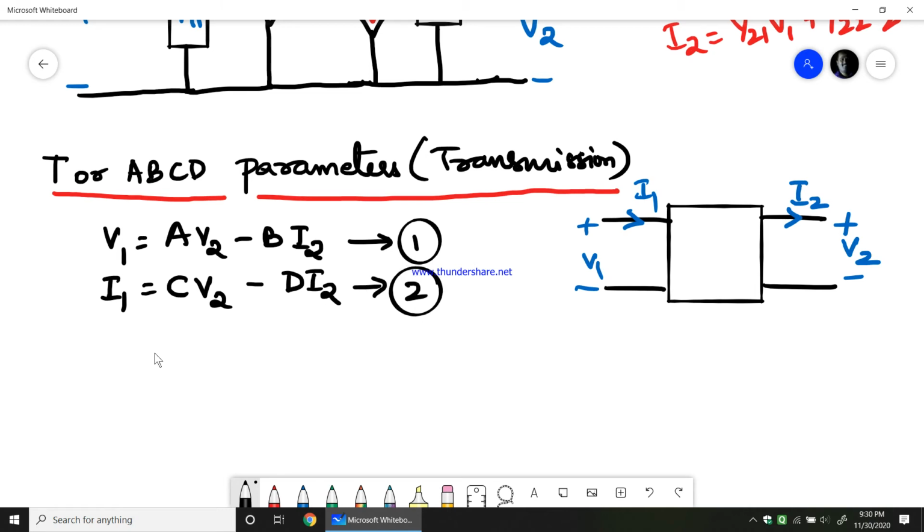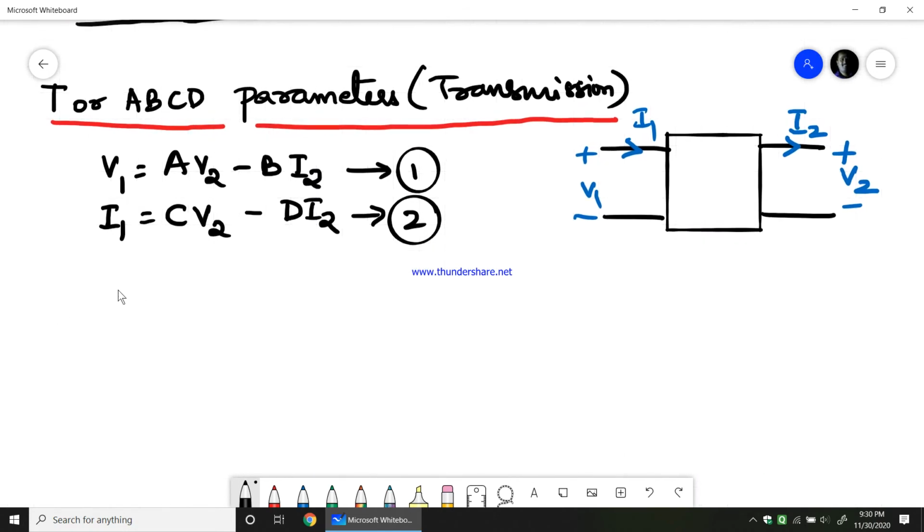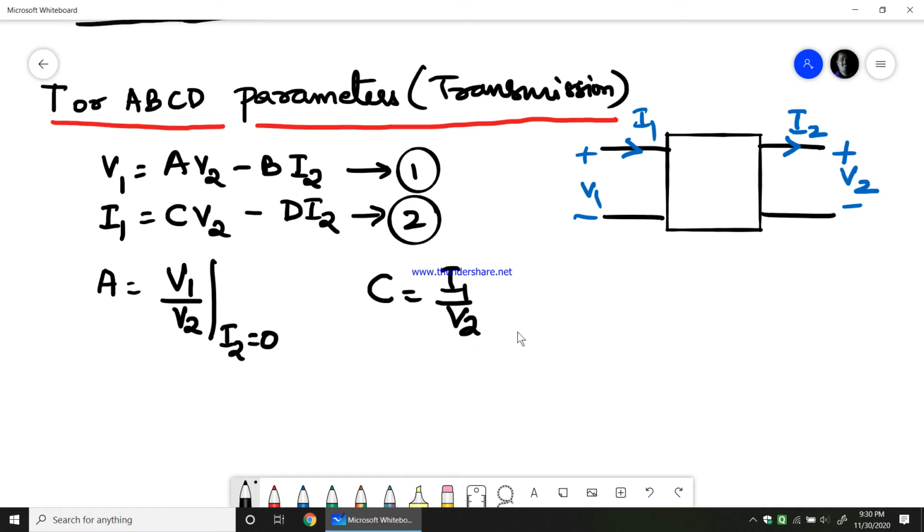Now we try to write the ABCD parameter equations. So A will be equal to V1 by V2 when I2 is equal to 0. Similarly, we get C is equal to I1 by V2 when I2 is equal to 0, in the second equation.